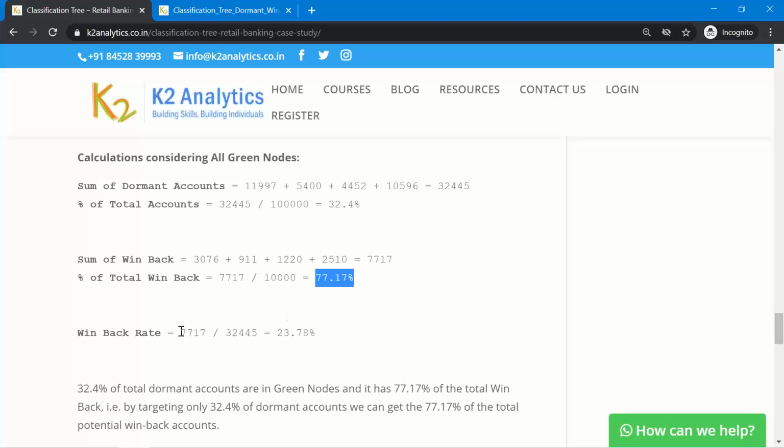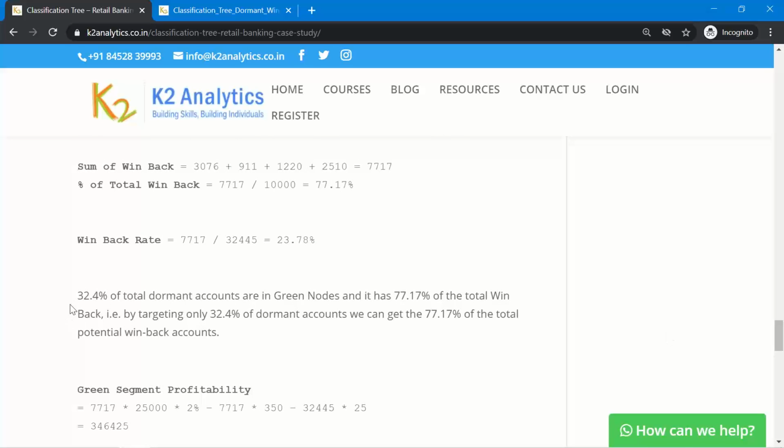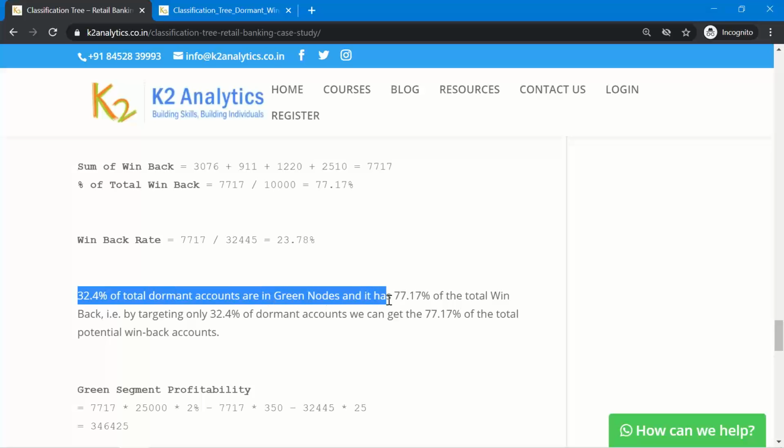And the winback rate of this overall campaign will be 7717 divided by 32,445, that is 23.78%. In summary, just by targeting 1/3 of the dormant base, we can capture 3/4 of the potential conversions. We will lose only 1/4 of the opportunity, only 25% of the opportunity.